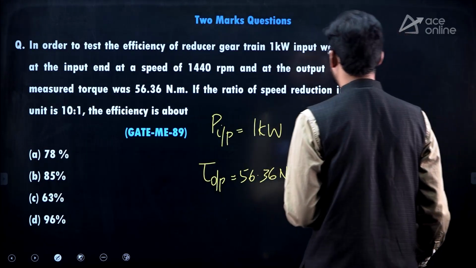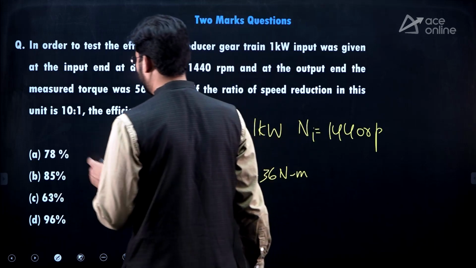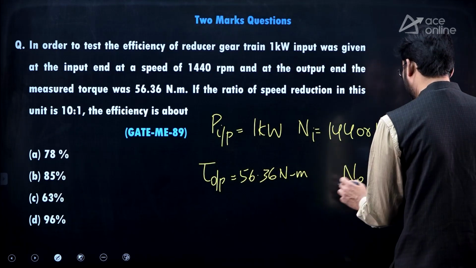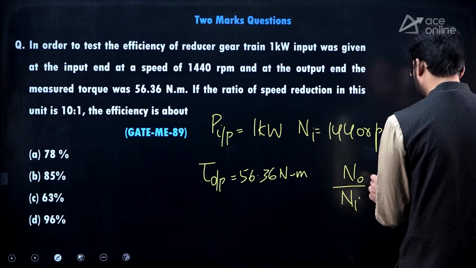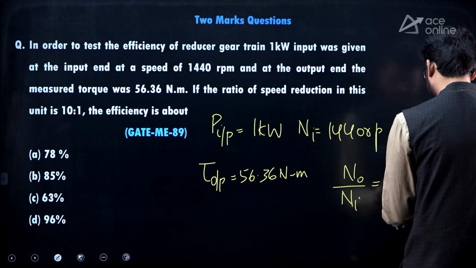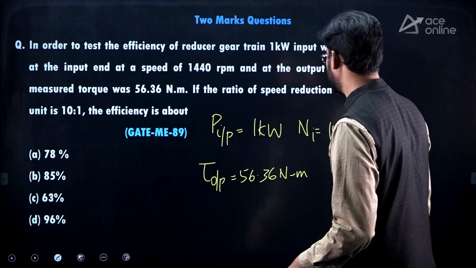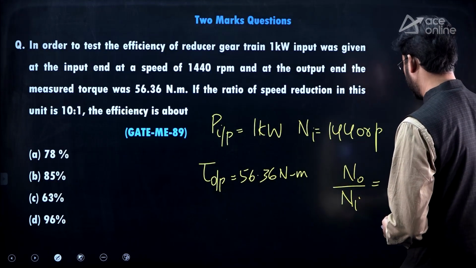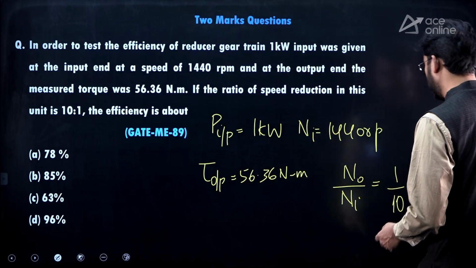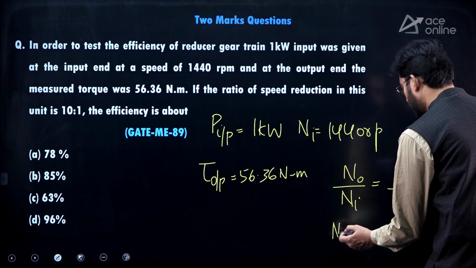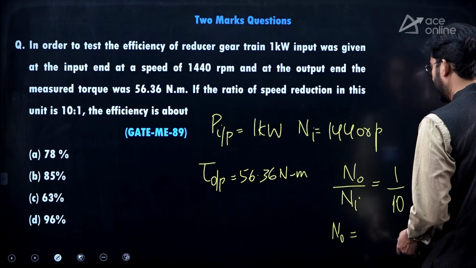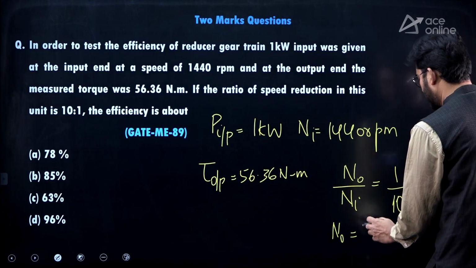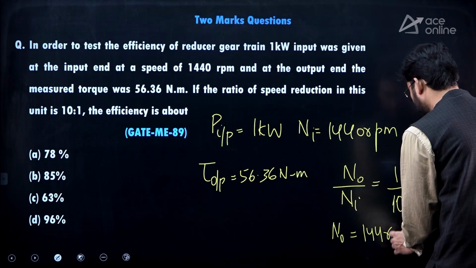If the ratio of speed reduction in this unit is 10:1, that is N output by N input is 1 by 10. The efficiency of the drive is dash. So if that is the case, you can calculate the output speed. So N output will be equal to 1 by 10 times of 1440 RPM. So this is 144 RPM.